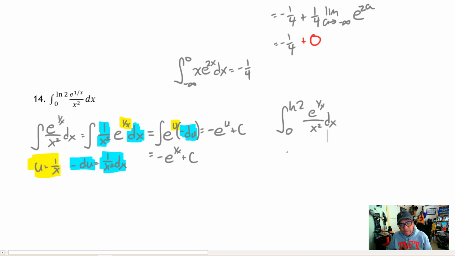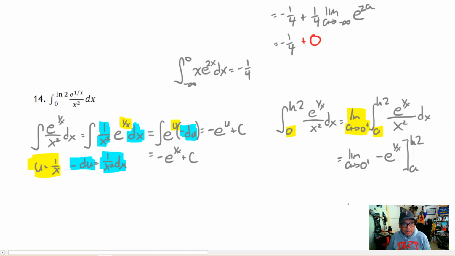Now I'm going to start with a definite integral. This definite integral has a problem at x equals 0. At x equals 0, we get some undefined stuff. So we're going to substitute that 0 for a limit as a approaches 0 from the right side of the integral.